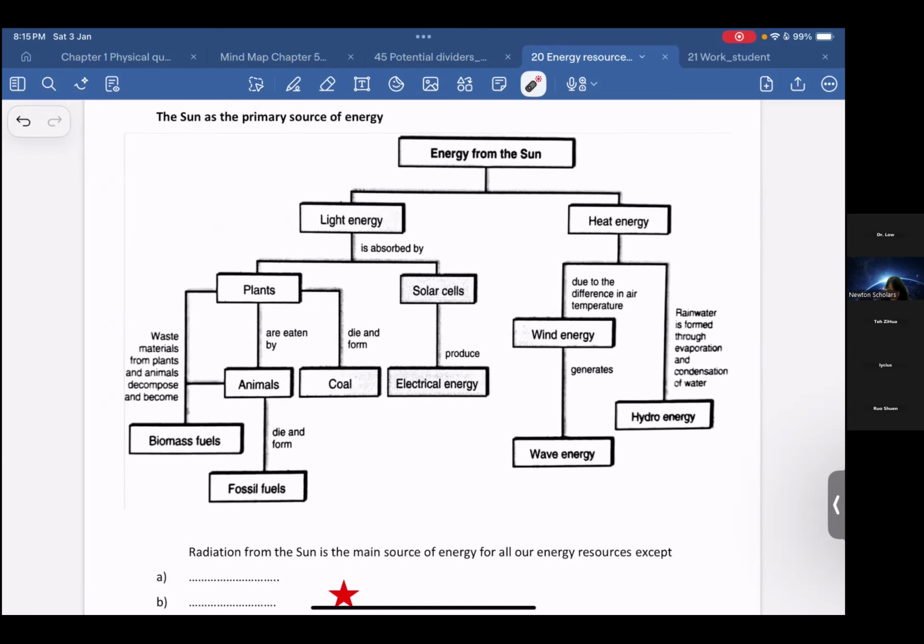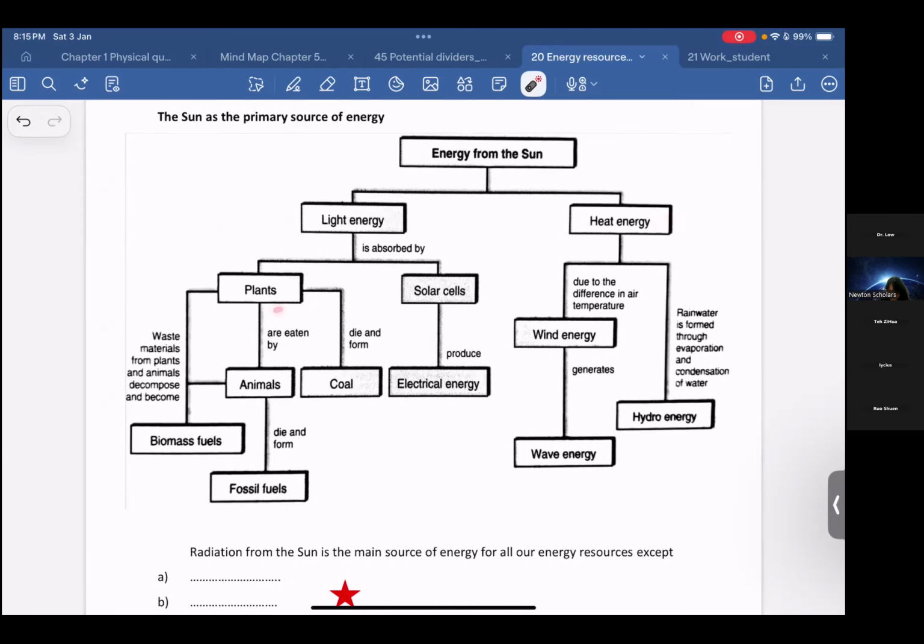Actually all these energy, just now what we said: burning the coal, burning the fossil fuel, wave, wind, hydro. All these actually have the sun as their primary source of energy. The sun gives two kinds of energy, light energy and heat energy. The light will be absorbed by the plant, and the plant will be eaten by the animals.